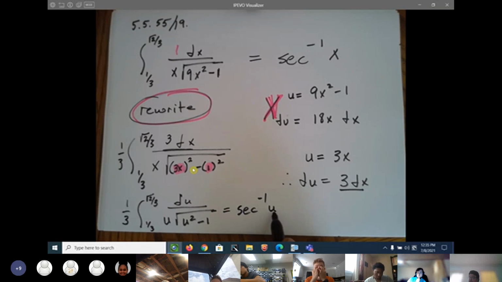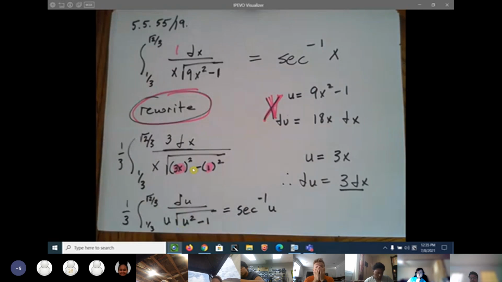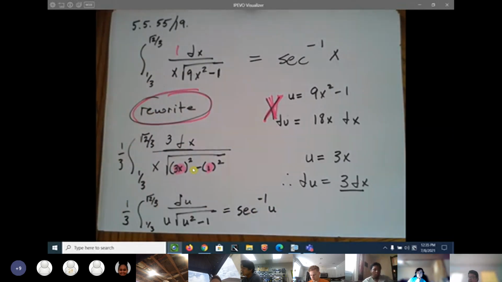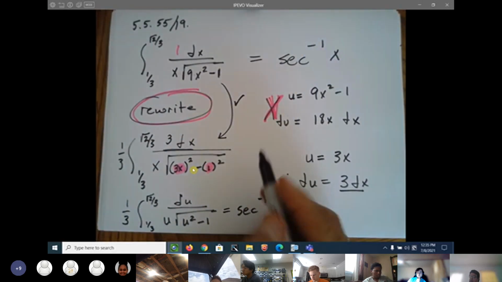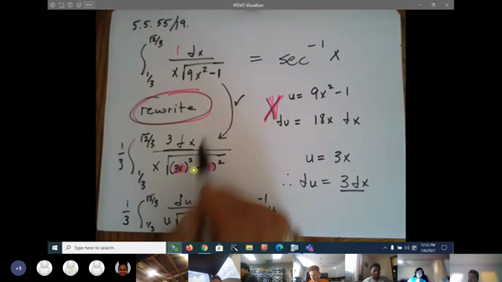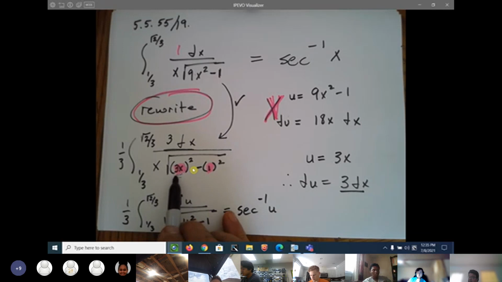And you can plug the u back in. It's going to be 9x squared and plug and chug. Like I said, it's kind of out of our element. This is not a test question, but it does show you how to rewrite. This is the one thing I want you to see right here. Rewrite this as 3x to the second minus 1 to the second, and there's your x right there.